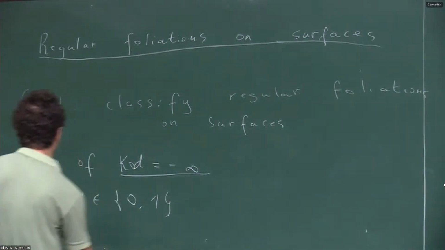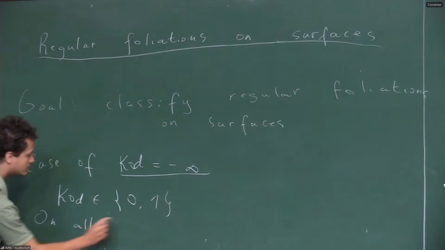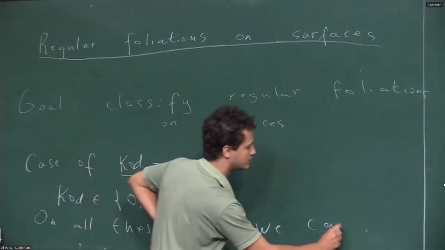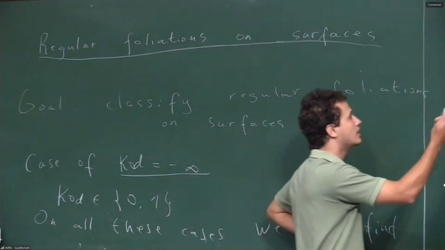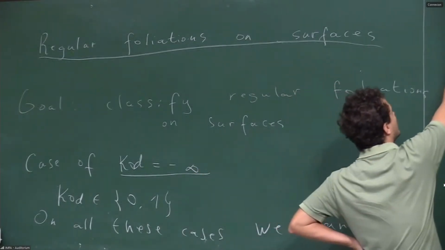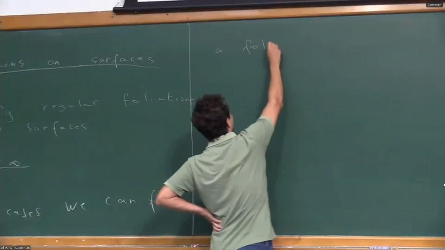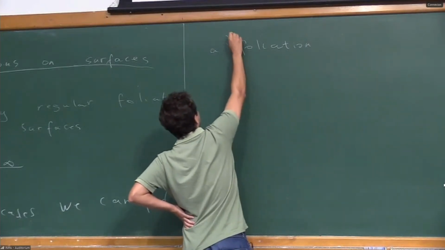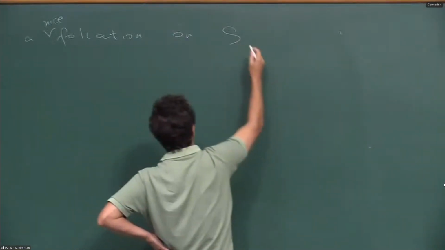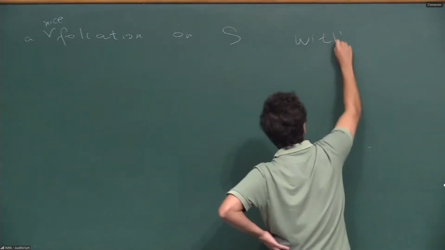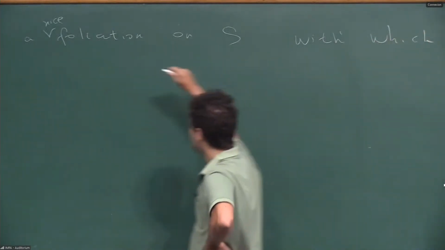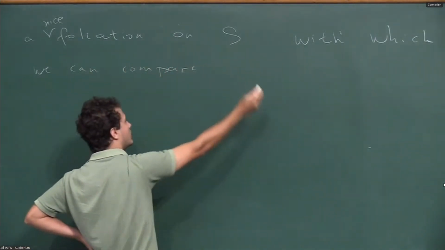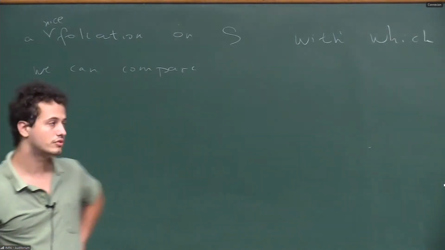So in all these cases, we can find a nice foliation on S with which we can compare our original regular foliation.